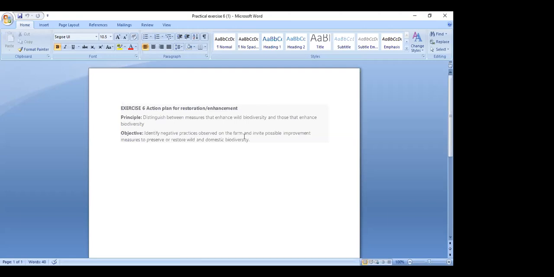Now, these are the negative practices that we are still engaging in. What are the measures if you are identifying deep tilling in the case of open field? If you don't want to engage in deep tilling, what will you do if you must plant whatever you want to plant? That is the question.